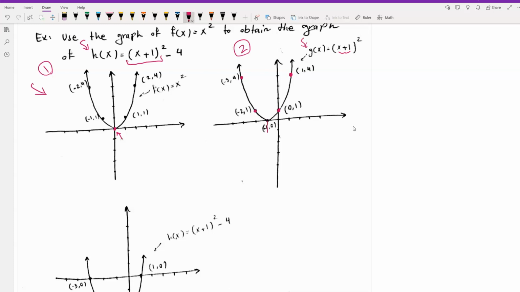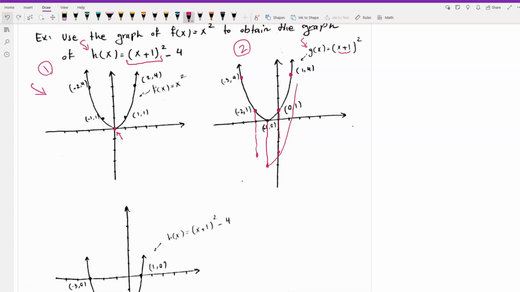Shifting downward, we have 1, 2, 3, 4. We will have this point. Then 1, 2, 3, 4. So shift all these points, and our graph should be something like this.